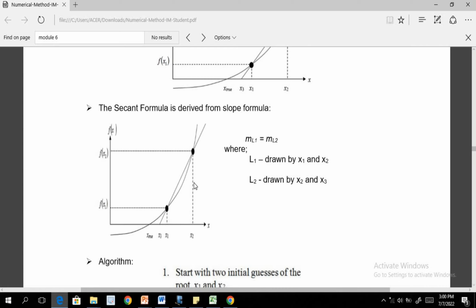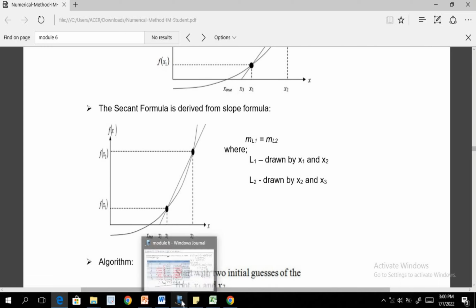Ang ating x2 ay nasa taas. So, with this diagram, we can say that your x1 is your lower limit and your x2 is your upper limit. Ang ginamit ko dito is A and B. Okay? Now, if you try to go back here, dun sa inyong notes, ito yung x1, ito yung x2.